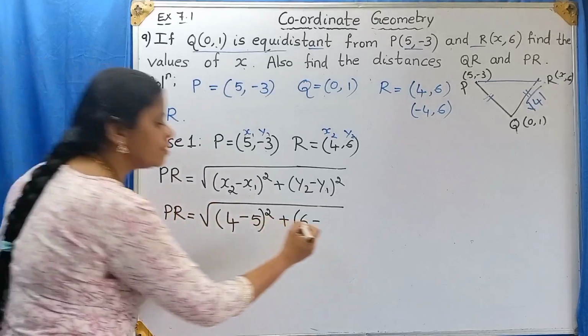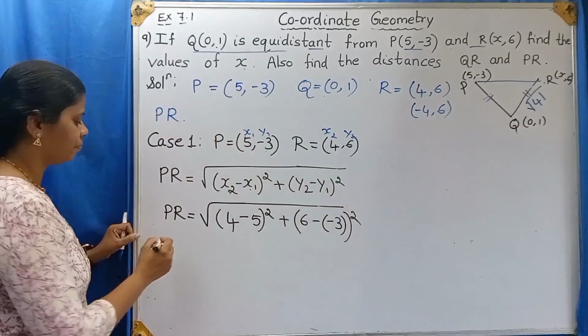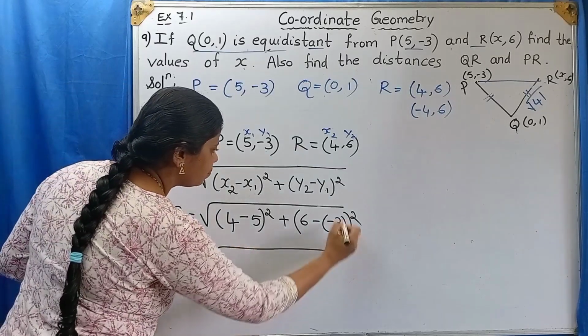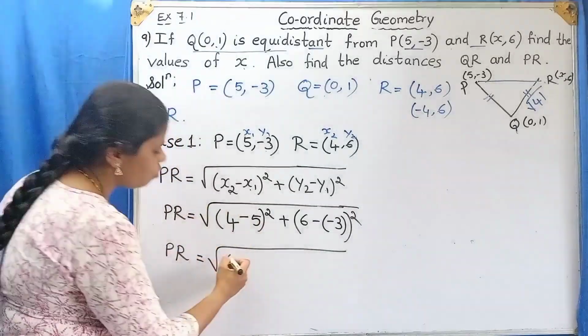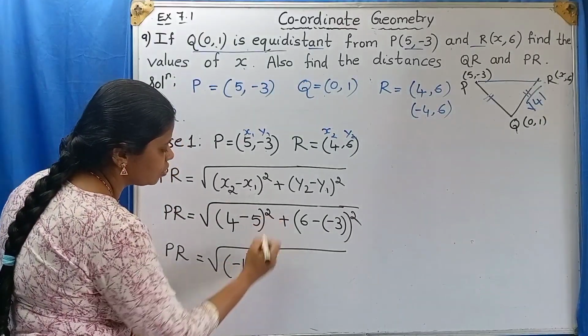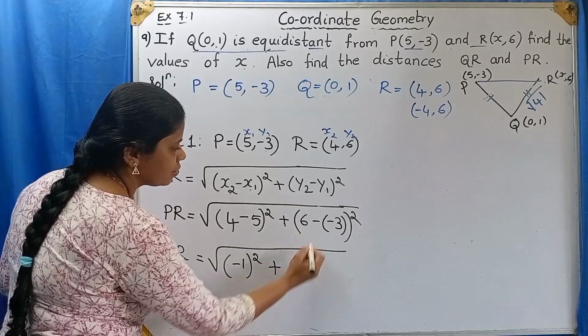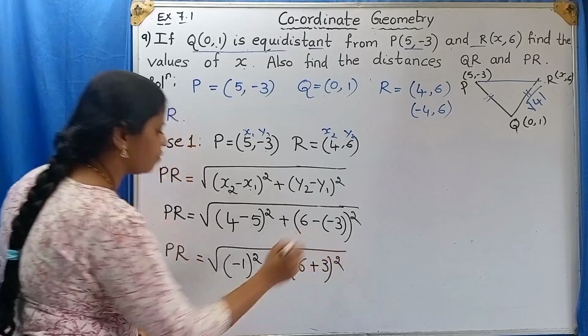So we have to take this in the bracket. Minus 3 the whole square. Okay. PR is equal to square root of 4 minus 5 is what? Minus 1 the whole square, plus 6, minus into minus is plus, 3 the whole square.